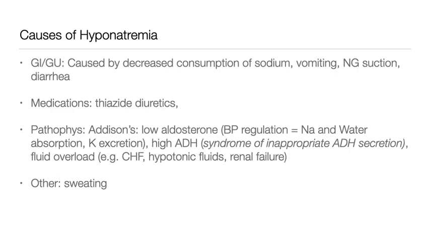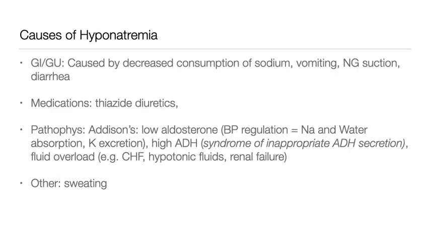These vomitus secretions are very rich in electrolytes, so any vomiting is going to result in electrolyte loss to the body, whether or not it makes a huge enough difference to throw the body's values outside of range. Who knows? But a lot of times you'll see NG suctioning causing the same type of issues because you're pulling all of those nutrients out of the GI system. Diarrhea, the same thing. You're losing electrolytes through the stool as well as fluids.